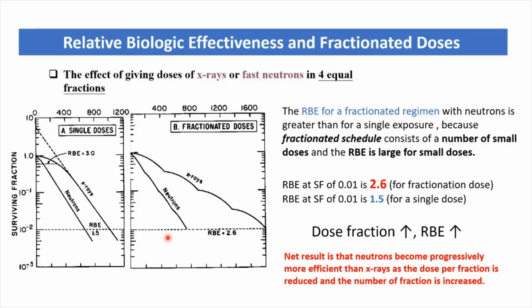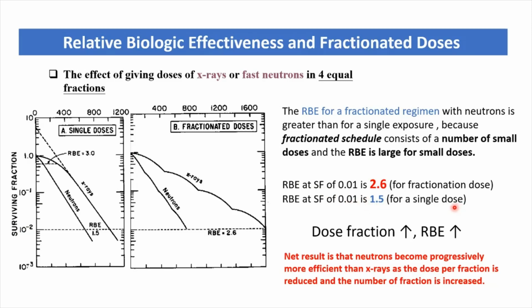So that is about the RBE, and now the fractionated dose, and what effects we can see if we give doses of X-rays and fast neutrons in 4 equal fractions. Let us calculate the RBE for a single dose. We have already calculated in the previous example that for a survival fraction of 0.01, the RBE is 1.5 for a single dose.